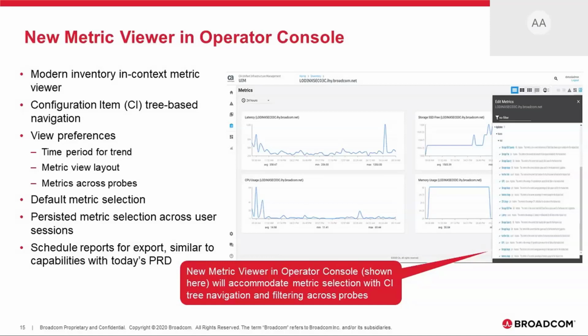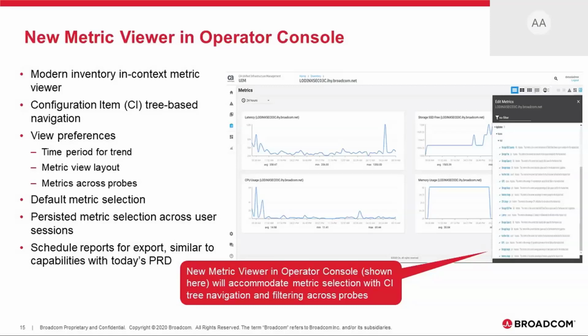It could be tile view, it could be line view. And to ease the selection of metrics, we plan to enhance the filtering based on various criteria, and the navigation would be based on a CI tree, which you are seeing on the right side.